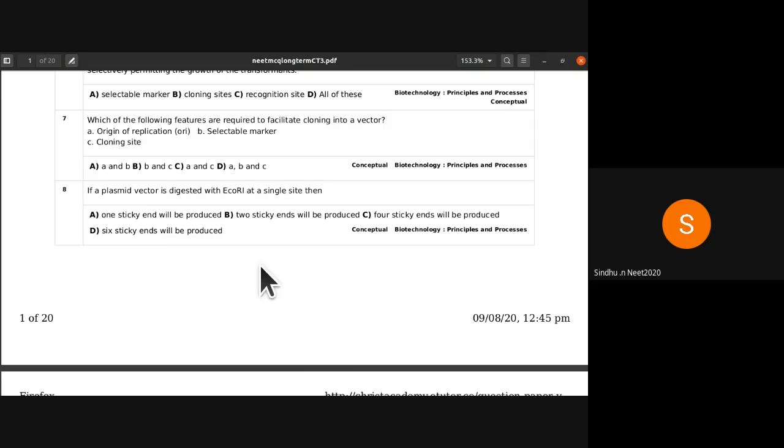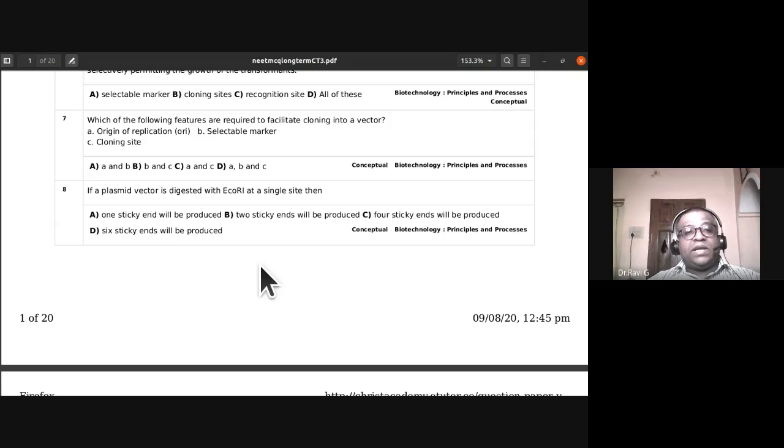Two sticky ends. Why is it four? We are talking about only the plasmid vector, not the foreign DNA. So two sticky ends will be produced. That is the answer.